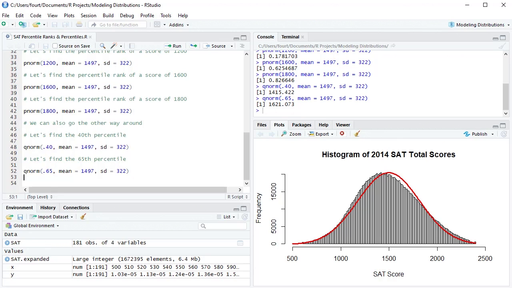Then they would use these z-scores to look up the percentile rank or percentile in a table. Believe me, using R is a whole lot easier. Try using these functions. I predict that before long, you'll feel comfortable calculating percentile ranks and percentiles.